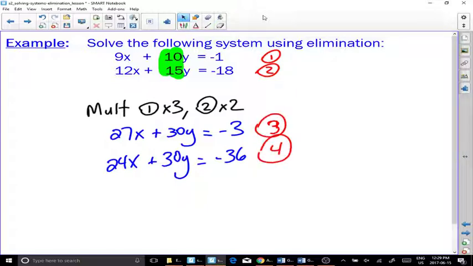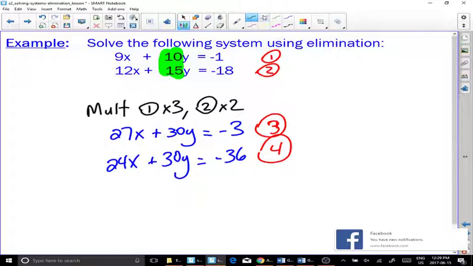And because they both have 30s and they're both the same sign, it would make sense to subtract these two equations. So we can go ahead and go 3 minus 4.